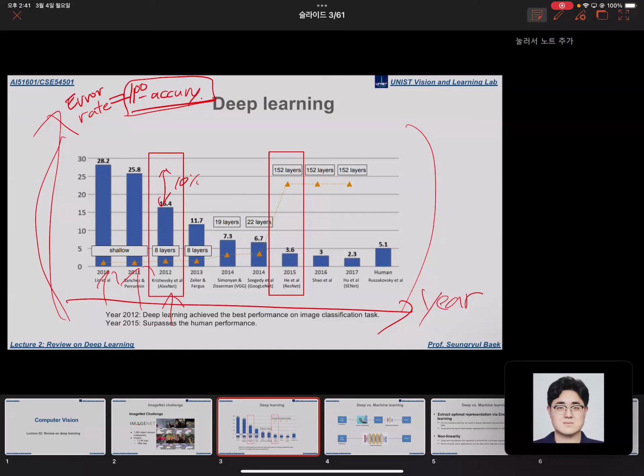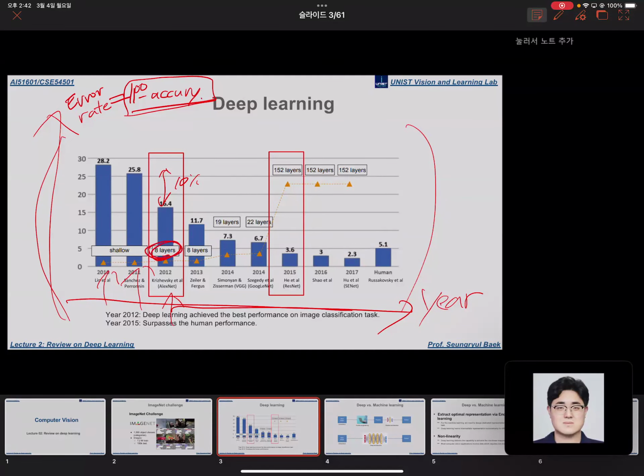Every researcher doing this challenge was surprised, and after that, researchers mostly used deep learning architectures. They no longer used shallow learning methods, and instead they tried to stack more layers.